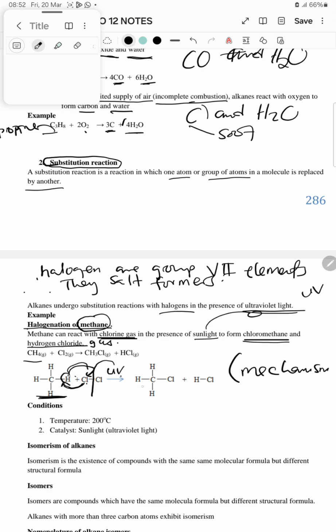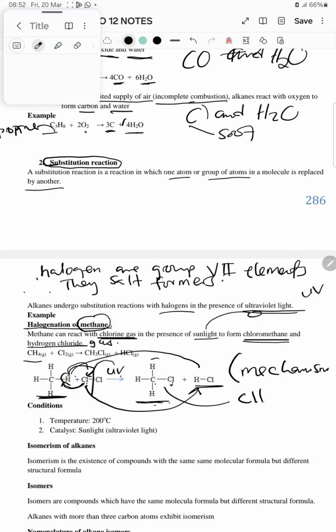That's why here this is the C, these are the three hydrogens, then the chlorine is here, plus where there was this chlorine, this is where the hydrogen is. So this is the hydrogen chloride gas, and this is the chloromethane.